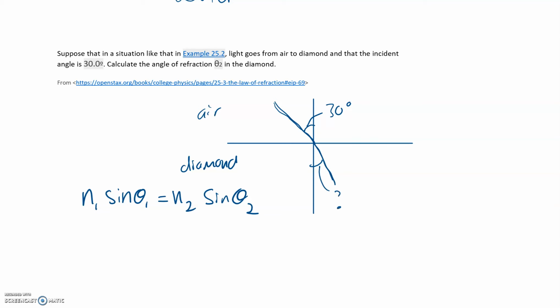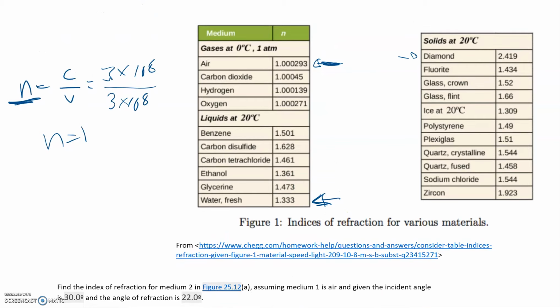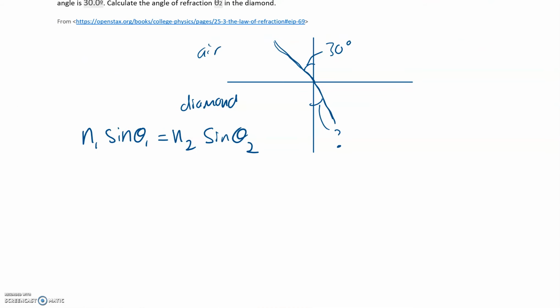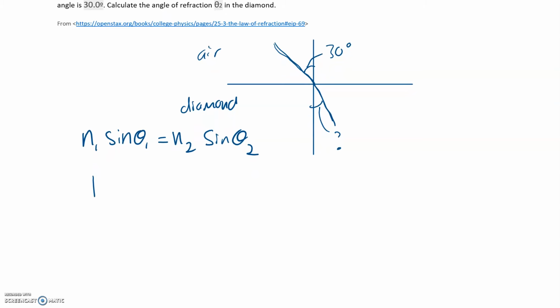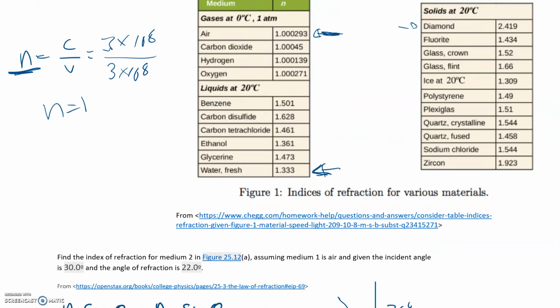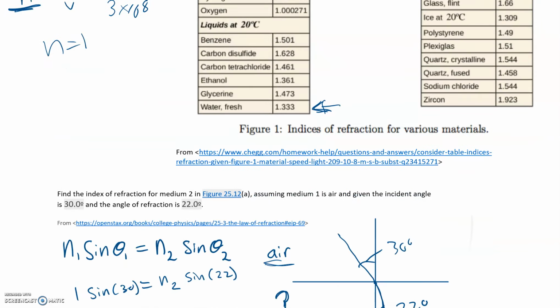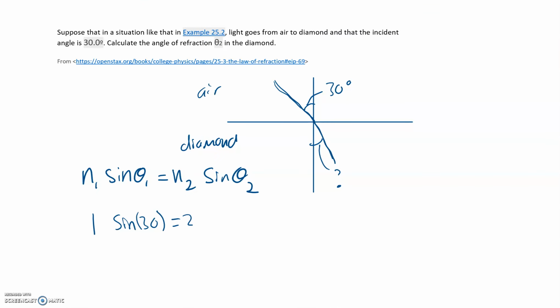We plug those into the equation. Remember, the index of refraction for air is 1. So sine 30 times 1 is equal to n2, which we find for diamond up here, 2.419, times the sine of our unknown angle.